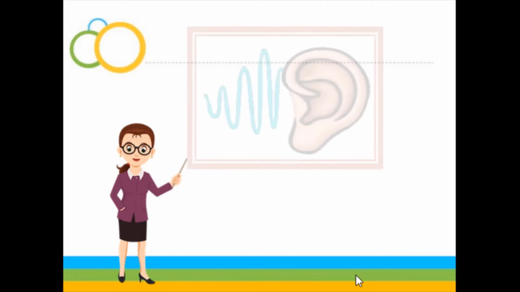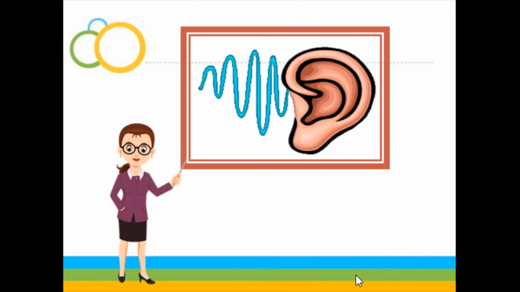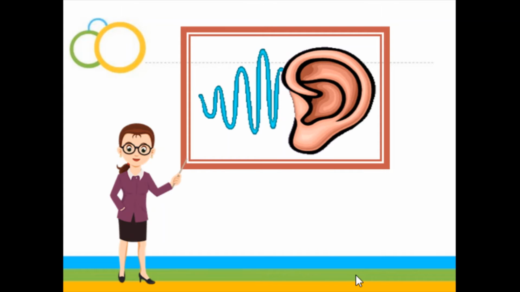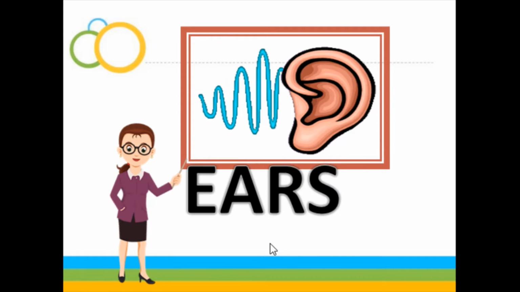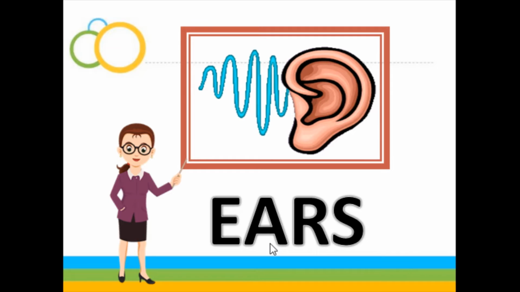Let's have first a short review on what we have learned last time. Last time, we learned about, what is this? Very good. We learned about our ears. Good job.